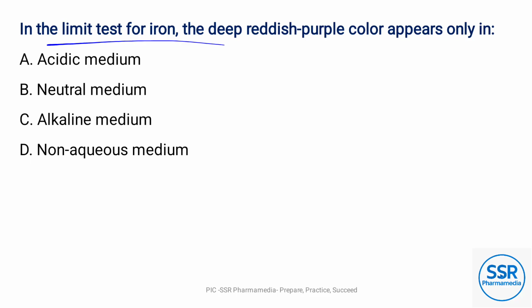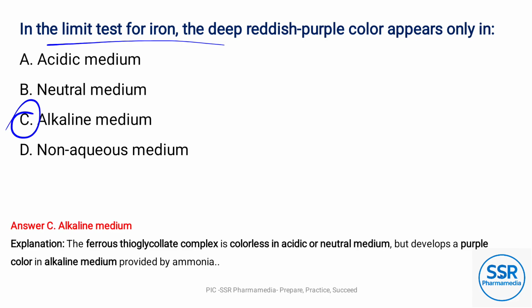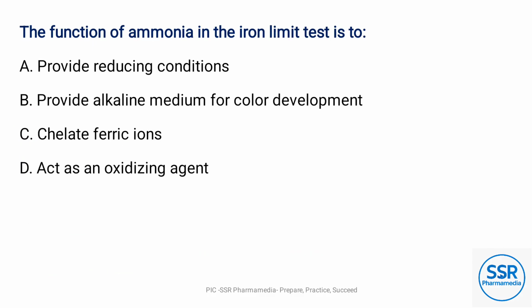In the limit test for iron, the deep reddish purple color appears only in alkaline medium. So ferrous thioglycolate complex is colorless in acidic and neutral medium, but develops purple color in alkaline medium by ammonia.